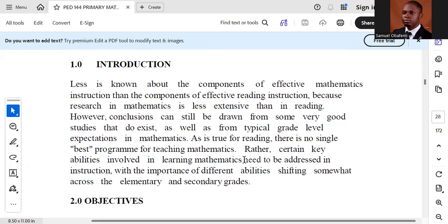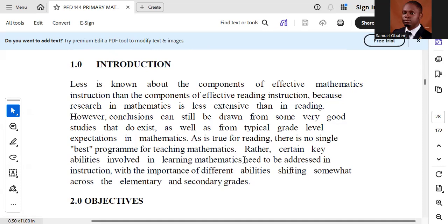The first thing is to understand where you're coming from, deduct the mathematical ideas from the word problem before solving it. So the importance of each ability changes as the child moves from lower primary to higher levels, and so on and so forth. Now let's take an illustration.